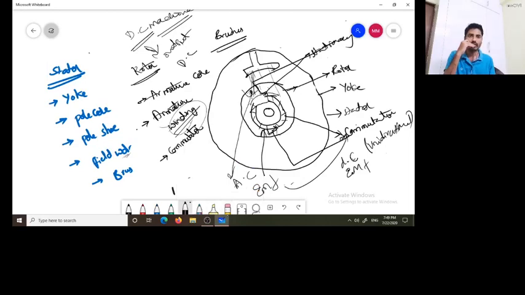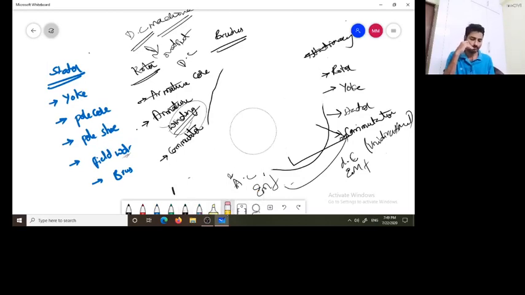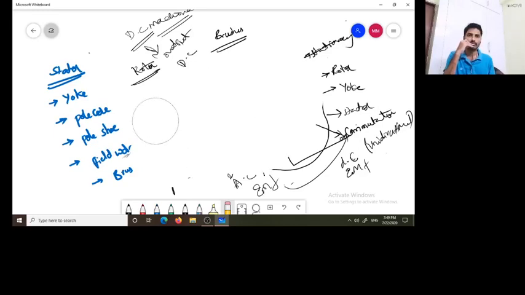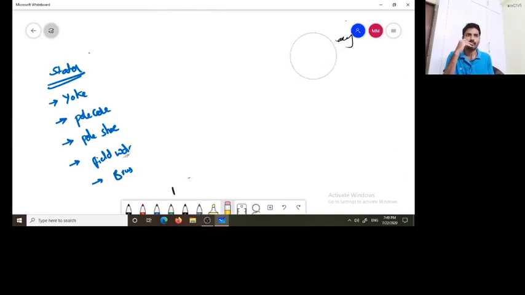Again I will erase and redraw the diagram.